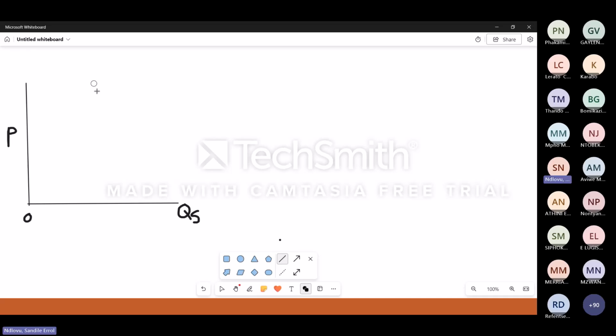So a perfectly inelastic supply curve would look something like this. Okay, this is perfectly inelastic because regardless of the price, suppliers will supply this amount of this product. And an example of such a product would be insulin, which is the medication taken by diabetic patients.